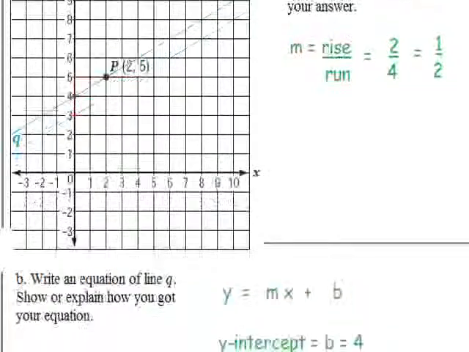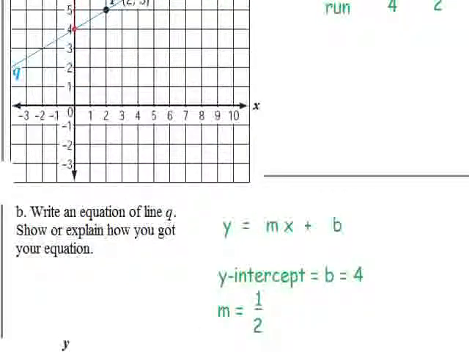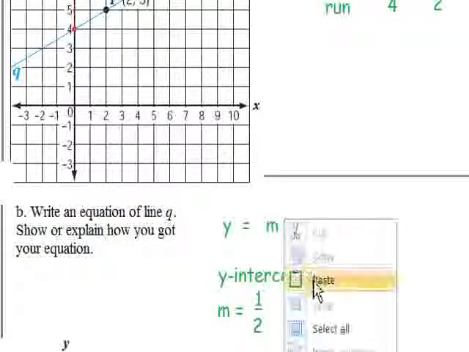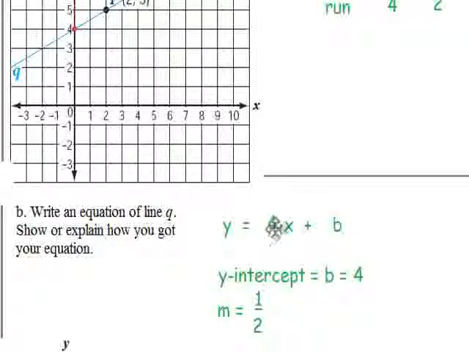So now all we have to do is fill in the spaces. If the y-intercept is 4 and the slope is 1 over 2, then you're just going to replace the m with 1 over 2 and the b with 4. Oh, whoops, I put that in the wrong place.